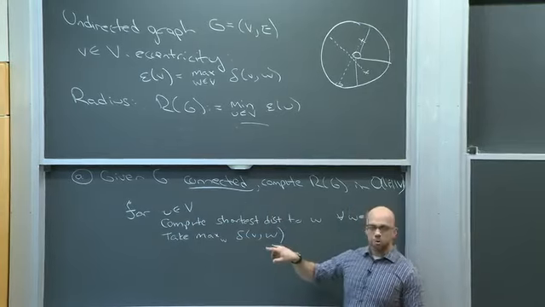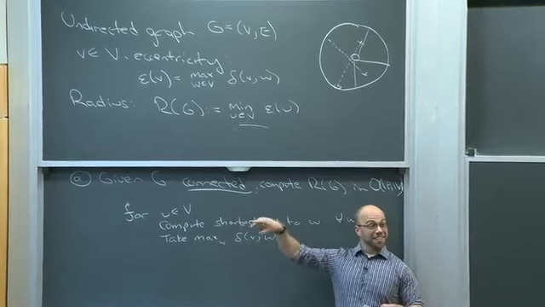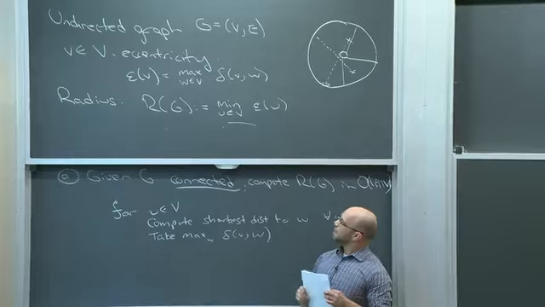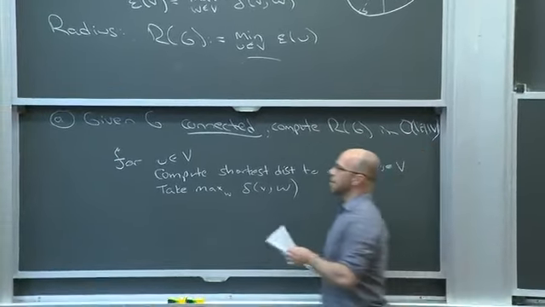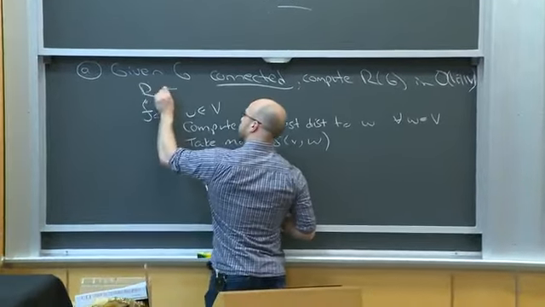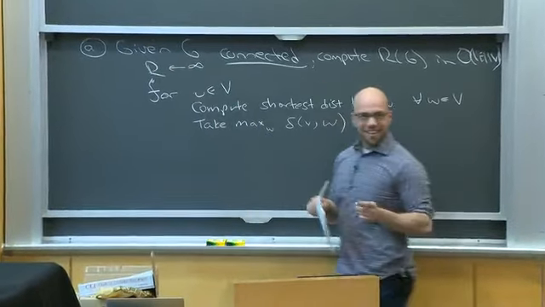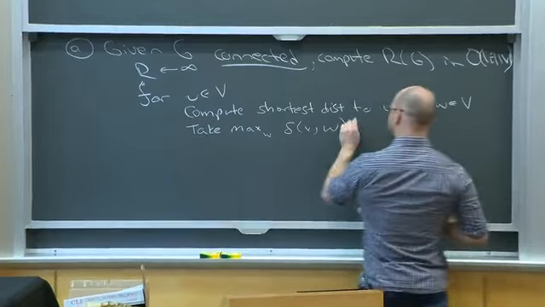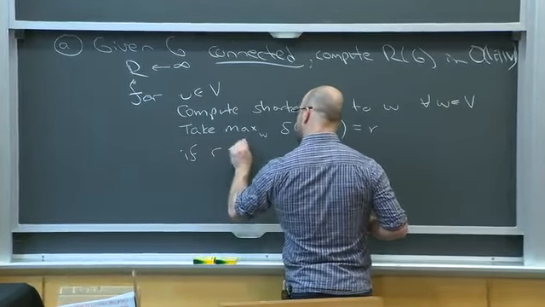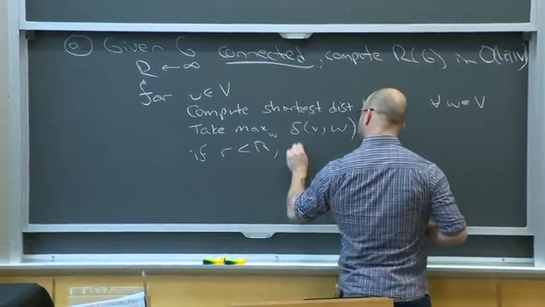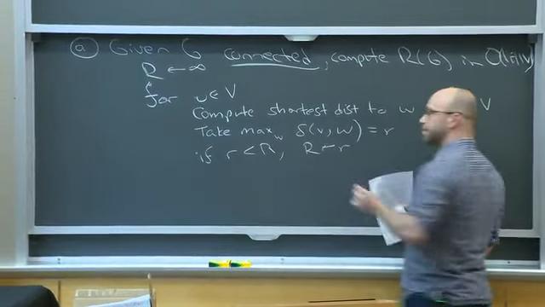If it's smaller than the current estimate I have of the radius, then I keep it. And if it's not, then I throw it away, right? So maybe I initialize my radius at infinity. And now let's call this number little r. If little r is less than big R, then just keep it around, right?